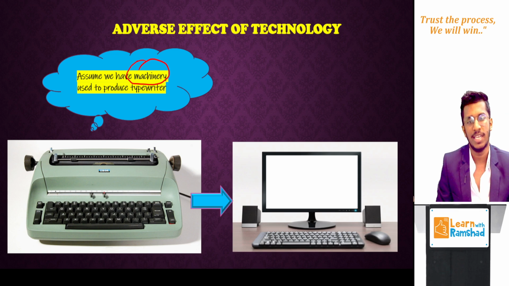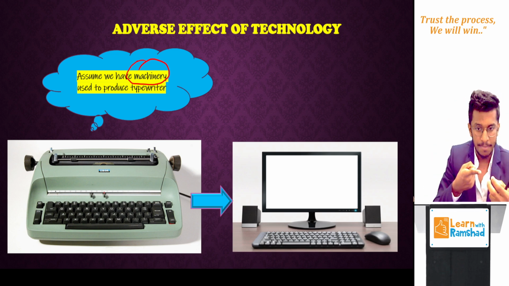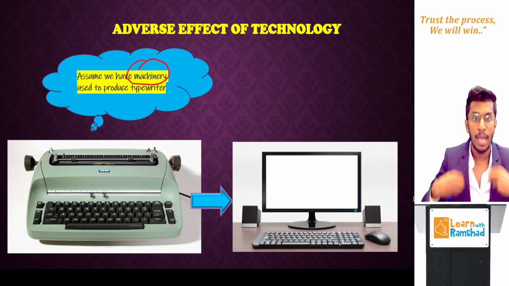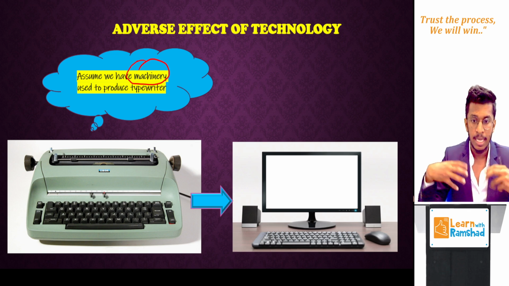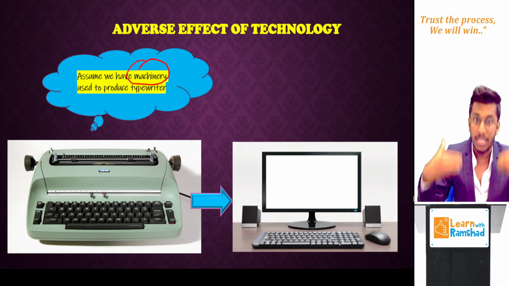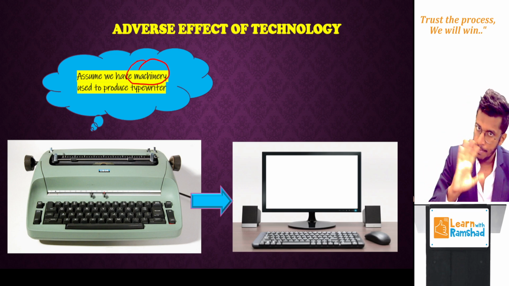This is the first reason. You get the sense? Adverse effect of technology, right? When the product produced from my fixed asset is outdated, automatically the value of my fixed asset will also get reduced. Clarity? Okay, that's it.